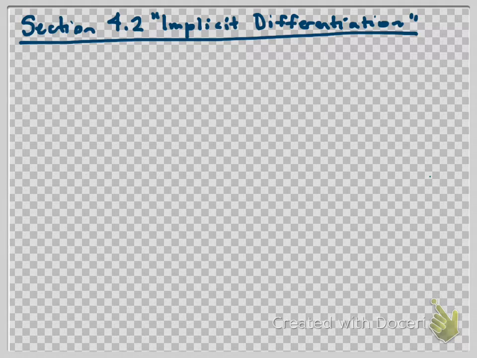All right, well, today you're going to learn implicit differentiation, which is the process that we use to differentiate when the x's and y's are cohabitating.